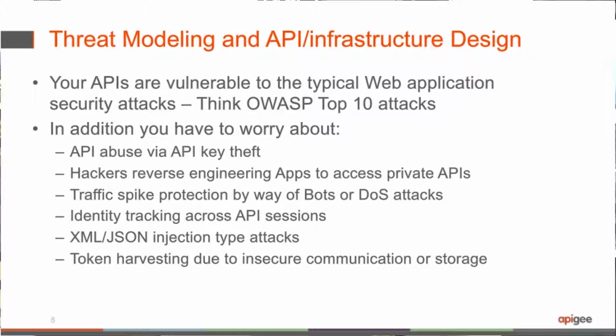We are going to walk through the OWASP top 10 very soon, about the types of attacks on APIs. But keep in mind that the OWASP top 10 still applies to APIs. So if you're already doing the OWASP top 10, you're great. You're already ahead of the other folks. But if you haven't, you want to start looking at the OWASP top 10 vectors, and we'll give you the details on that.